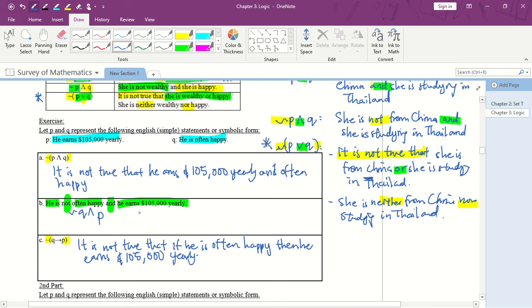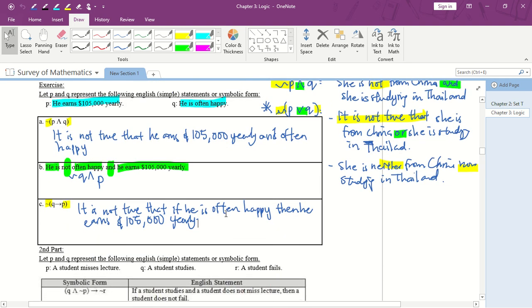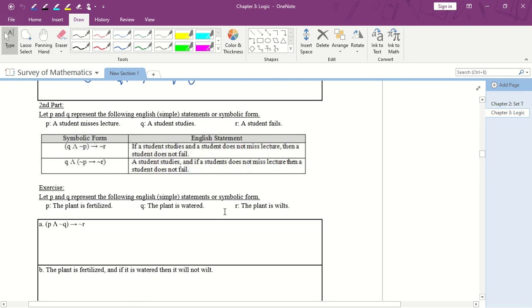Okay, I hope you get the concept. When there's a negation and a parenthesis, we must use "it is not true that". Okay, let's move forward to the next part.